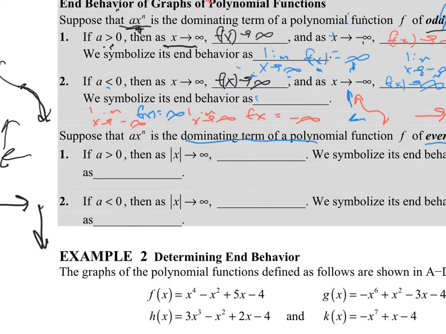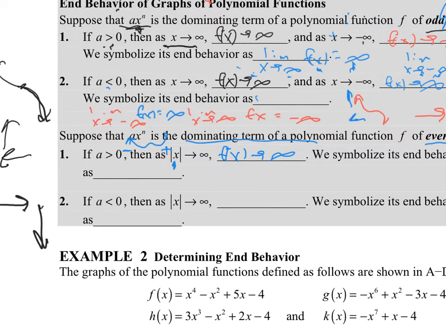So anyway, if A is positive, now you know this means it's going up, no matter how many turns you see. Then as x approaches infinity, it doesn't matter whether it's the positive x's or the negative x's. That's why he put the absolute value. Then we know that f of x is approaching infinity.